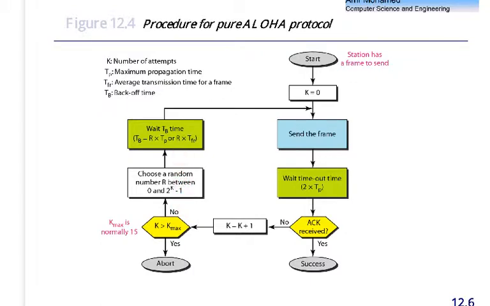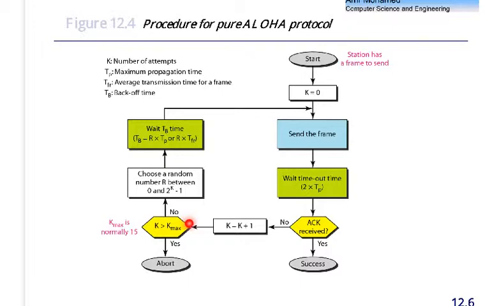As we said, the back-off procedure here is performed by generating a random number. Each node will generate a random number in the range from 0 all the way to 2 to the power k minus 1.